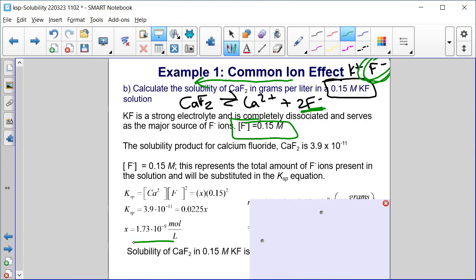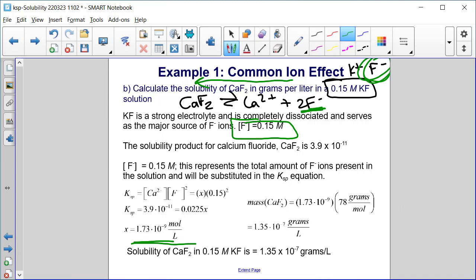And the question is, what does that X represent? It represents the calcium ion concentration, right? And the calcium ion concentration is in a 1-to-1 ratio with calcium fluoride. So if this is the moles of calcium ion per liter, you could say that there's 1 mole of calcium fluoride per mole of calcium ions at equilibrium, right?